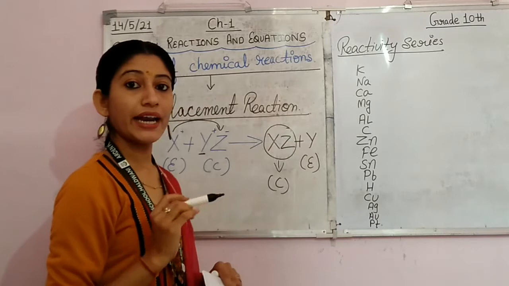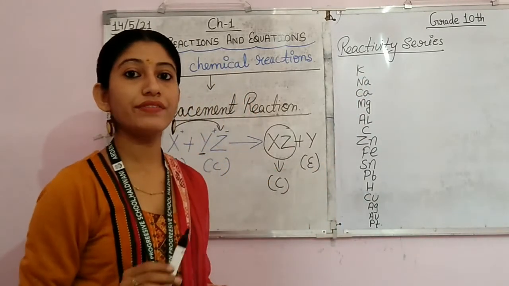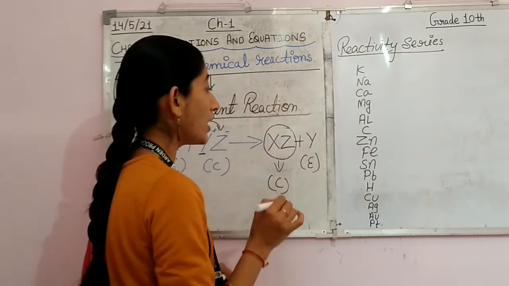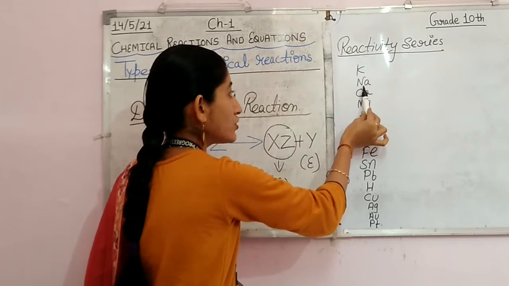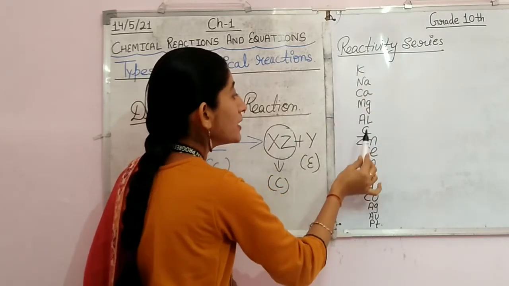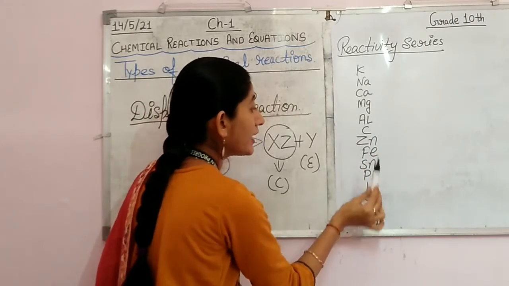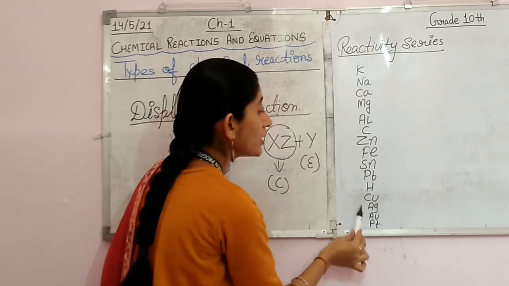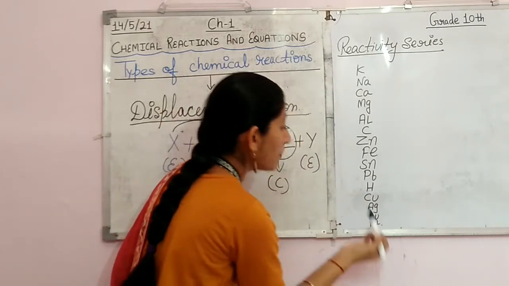Now see, here I have written some metals. What are these? Potassium, sodium, calcium, magnesium, aluminium, carbon, zinc, iron, tin, lead, hydrogen, copper, silver, gold and platinum.